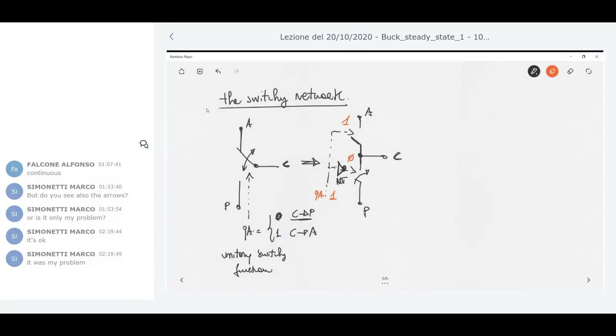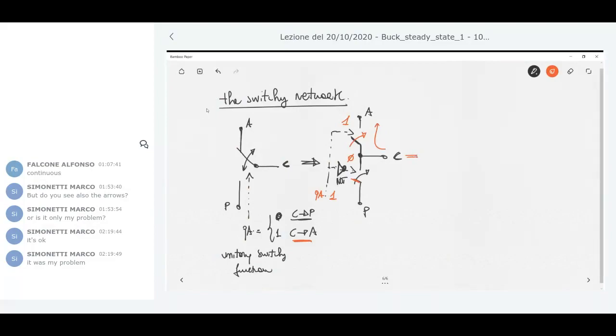In that situation, this switch is closed, and so C is connected to A, and this switch here is open, so you have this condition. So the same operation of the bipositional switch can be obtained by using two switches that are operated in a complementary way. What does complementary way mean? The two switches cannot be closed simultaneously. When one switch is open, the other one is closed, and vice versa.